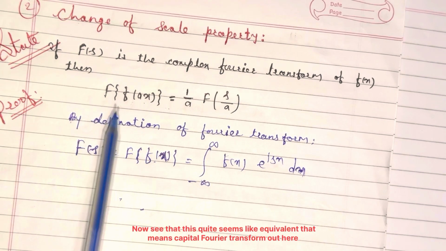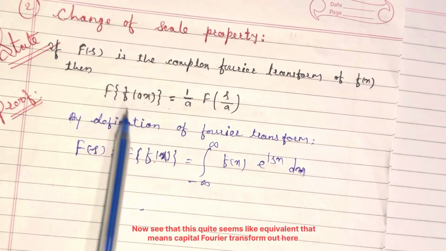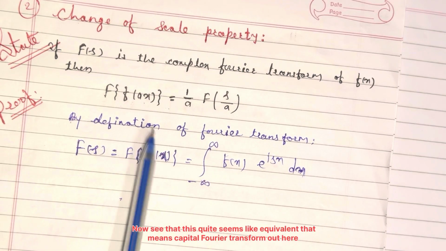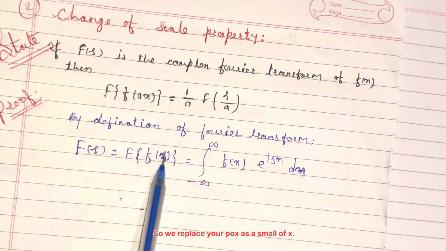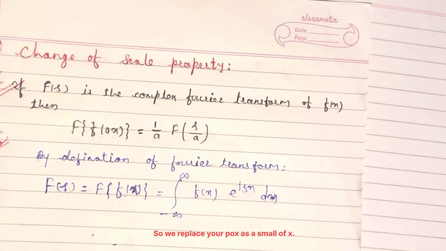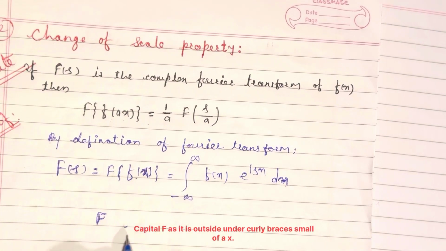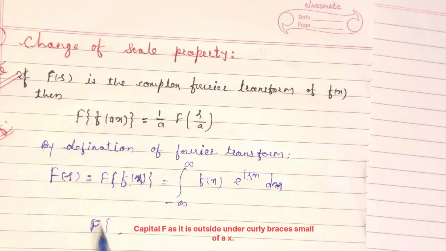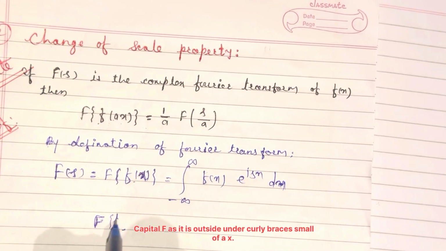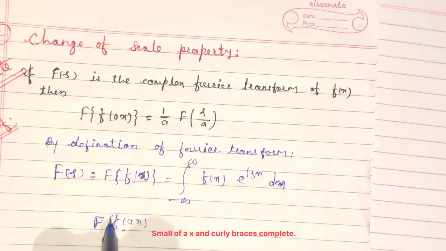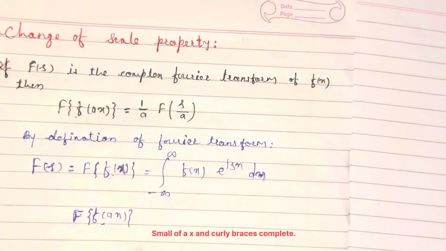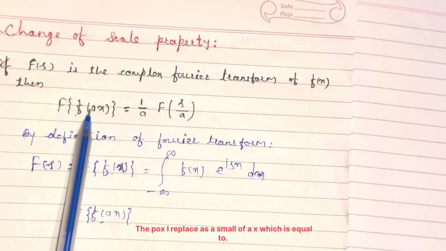See how I am going to prove this property: capital F stays outside, and under curly braces, f of x I replace with small f of ax.